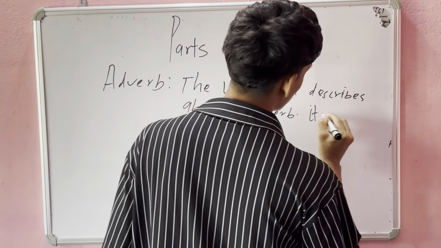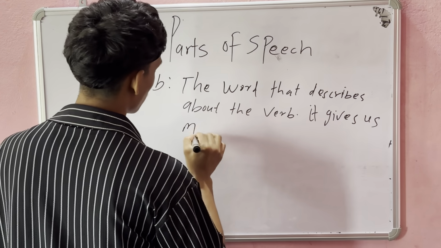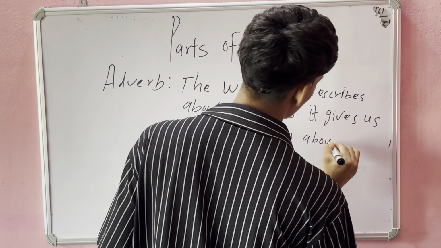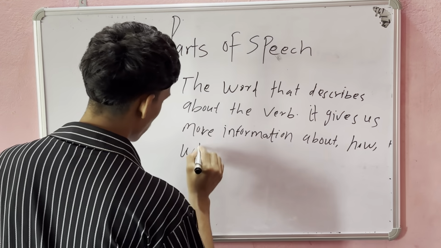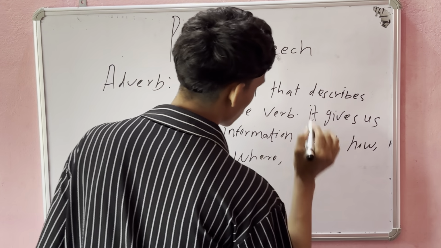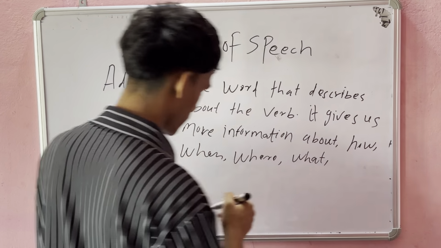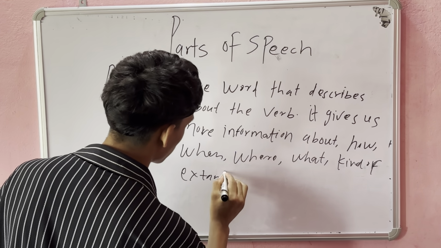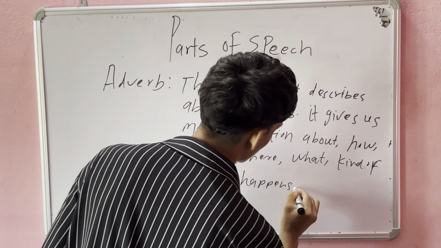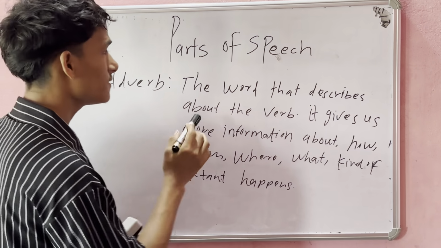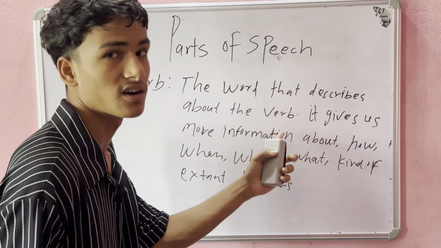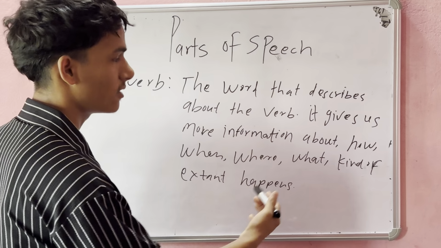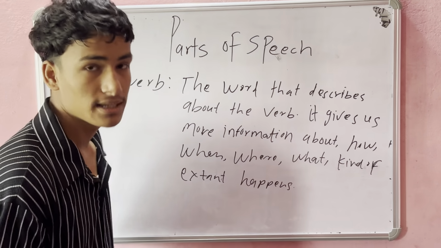For example, it gives us more information about how, when, where, and what kind of extent happens in the sentence. Okay, so an adverb is a word that describes the verb, and it gives us more information about how, when, where, and to what extent something happens in the sentence.